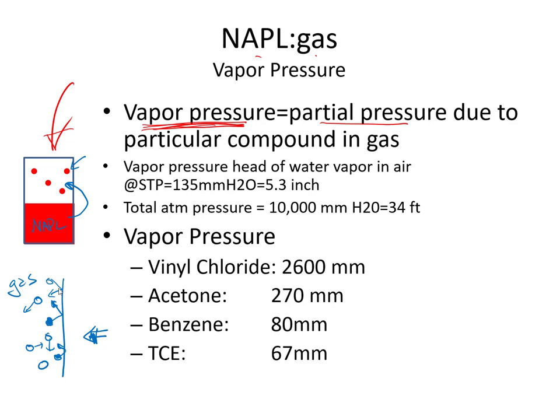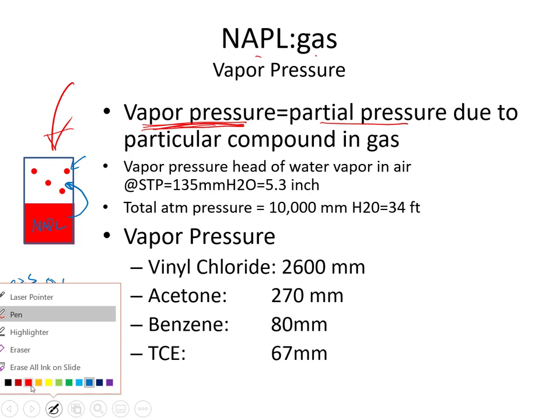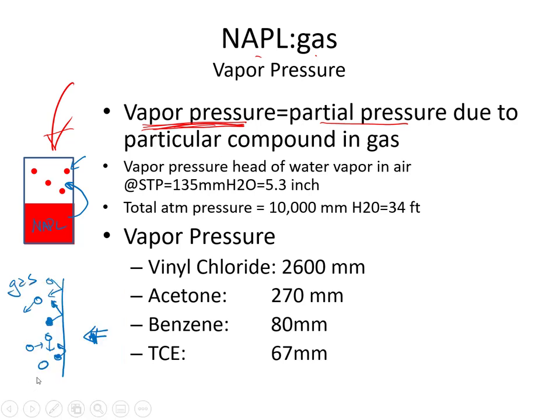Well, if it's air, the air has a lot of nitrogen and oxygen, and it also has some water molecules in it. So there's a water molecule, and it's moving around, and it hits the wall, and there's another one, and so the total pressure that the gas is creating, it's being opposed by this pressure over here, or by this stress here.